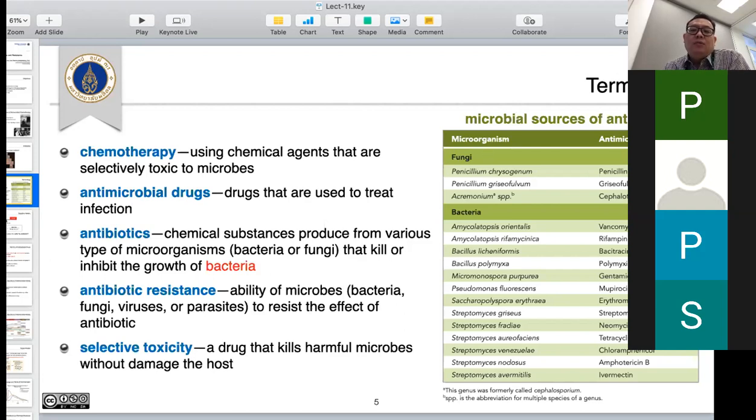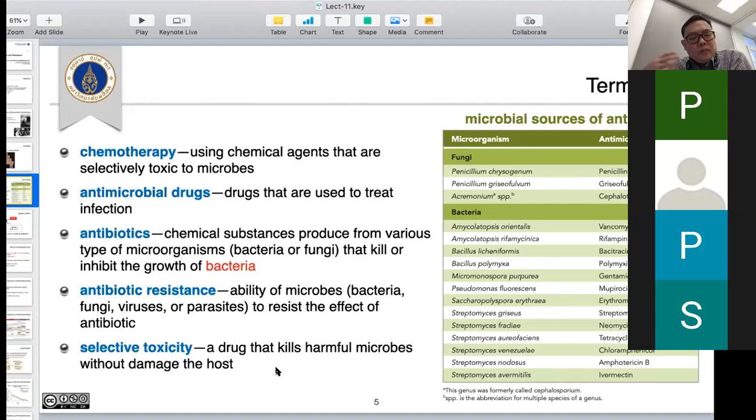This table shows the sources of antibiotics from fungi and some bacteria. We get penicillin from the fungus Penicillium, we get streptomycin from Streptomyces, and from Bacillus polymyxa we get polymyxin. These are some examples. Okay.